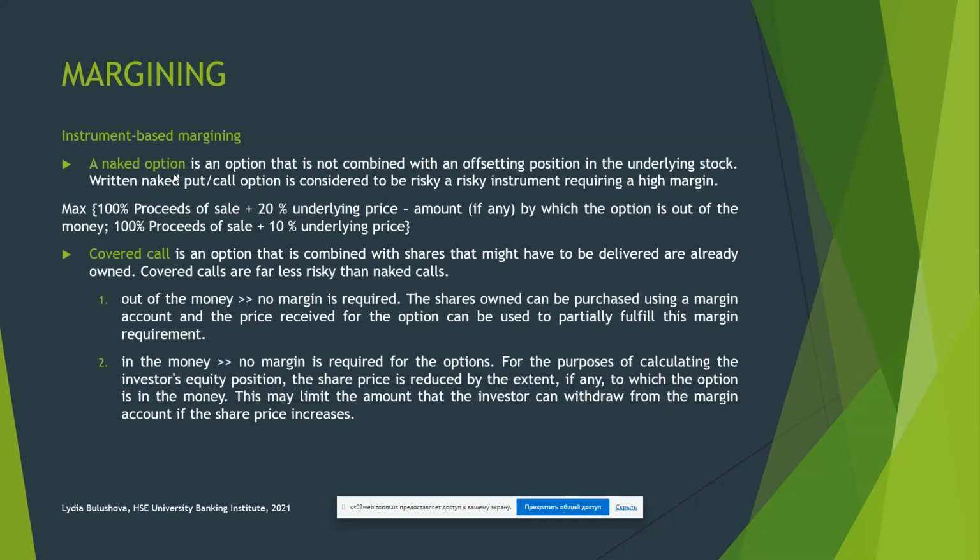To open a naked option position, you are required to post the maximum of 100% proceeds of sale plus 20% of underlying price minus the amount by which the option is out of the money, compared to 100% proceeds of sale plus 10% of underlying price.